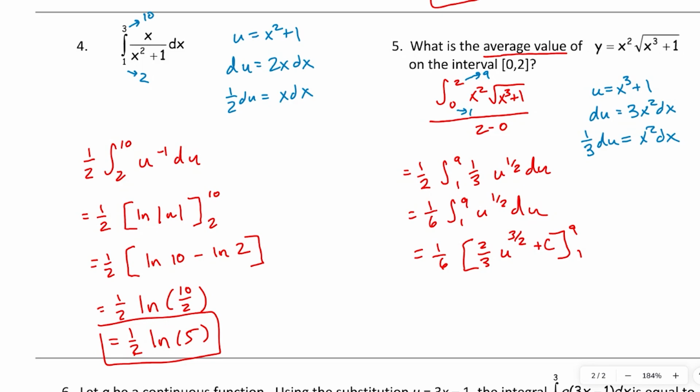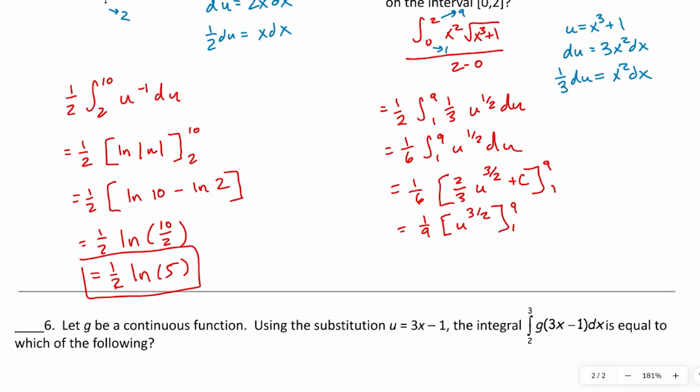We can also take out that 2/3. 1/6 times 2/3 would be 2/18, which is 1/9. So we've got 1/9 times 9 to the 3/2 minus 1 to the 3/2. And you could probably simplify that pretty easily, but I'm just going to leave it like that.